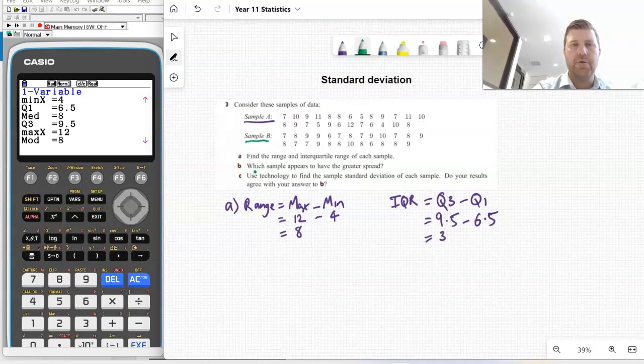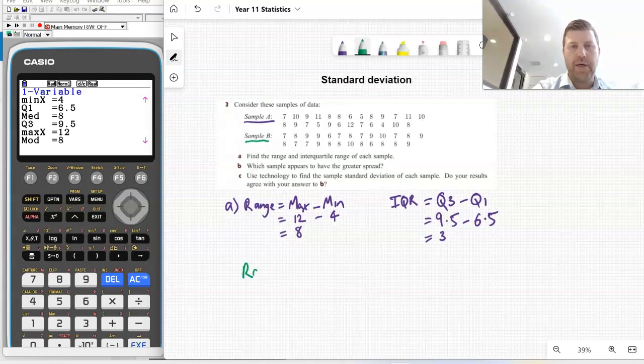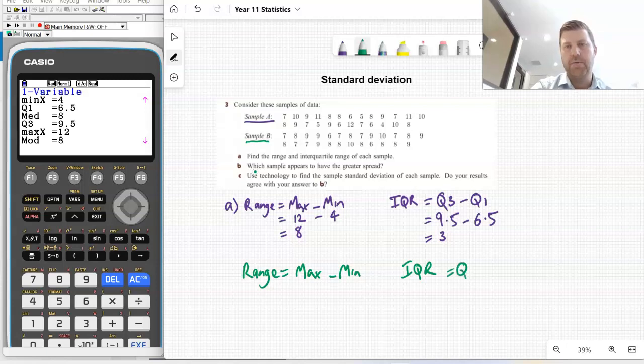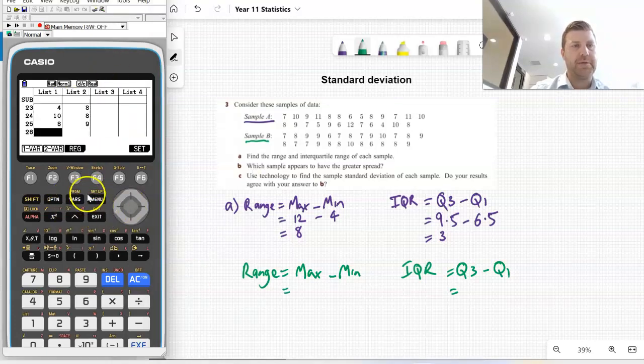So for sample B, the range is still the maximum minus the minimum, and the interquartile range is still Q3 take Q1. But what are those values? So let's go ahead and look those up. Exit, because those values were for list 1. So now I'm going to look at the values for list 2.